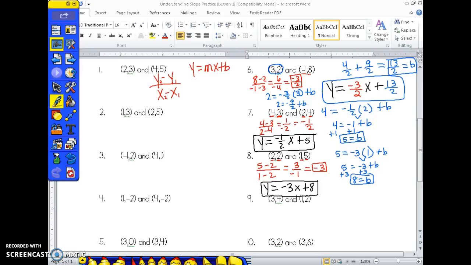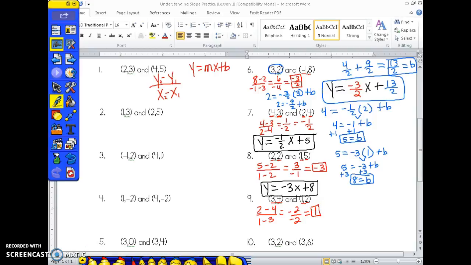Number 9. Y minus y over x minus x. 2 minus 4 is negative 2. 1 minus 3 is negative 2. Negative 2 divided by negative 2 is 1.